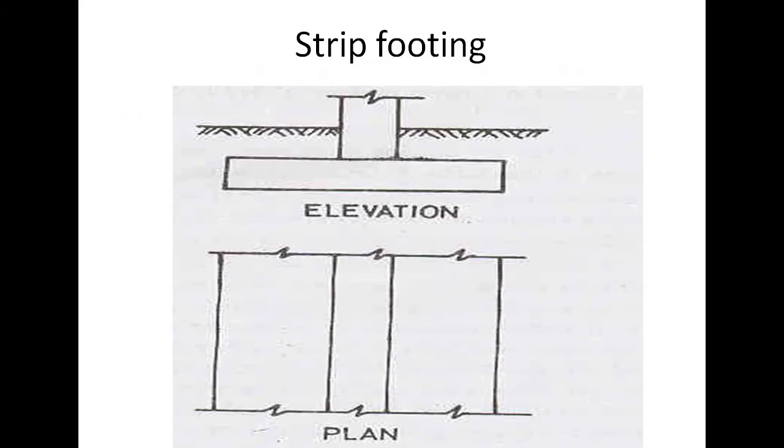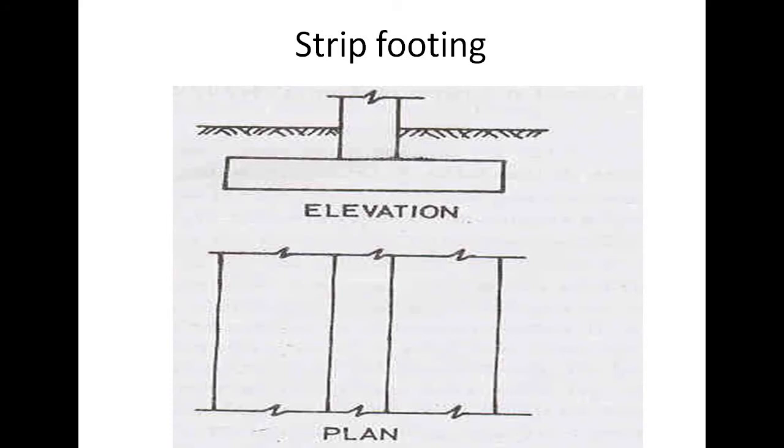And strip footing. A strip footing is provided for a load bearing wall. A strip footing is also provided for a row of columns which are so closely spaced that their spread footings overlap or nearly touch each other.